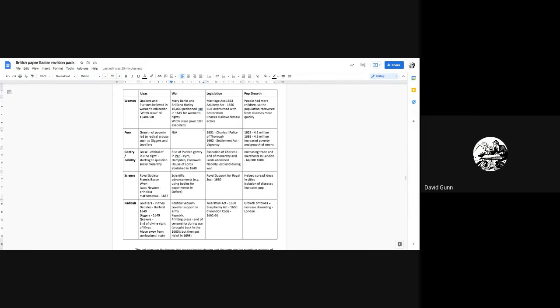Is it a line that goes up slowly? I would argue for this topic that it's like a bell curve, that it goes up at the top in the middle in the period of the Republic, that that's the period of the most change, and then it actually goes back to how it was previously. The Restoration literally does restore society.